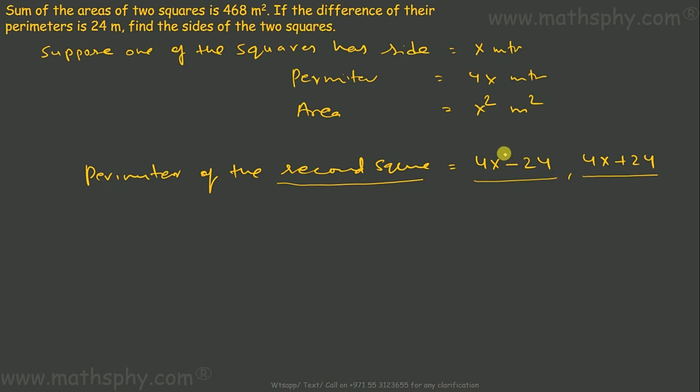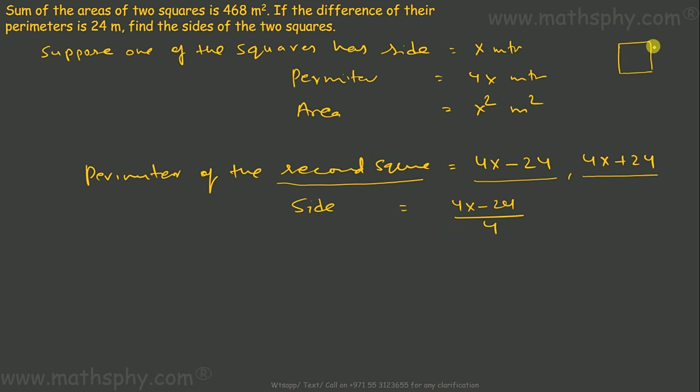Difference does not mean we have to take only negative. We can take negative, we can take positive also. Answer will remain same. I'll take it as negative. Okay. If this is the perimeter, then what would be the side? Side would be 4x minus 24 over 4.